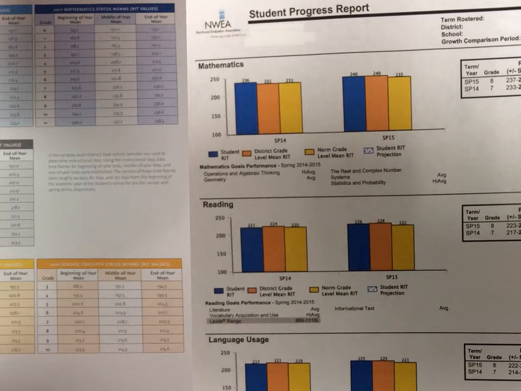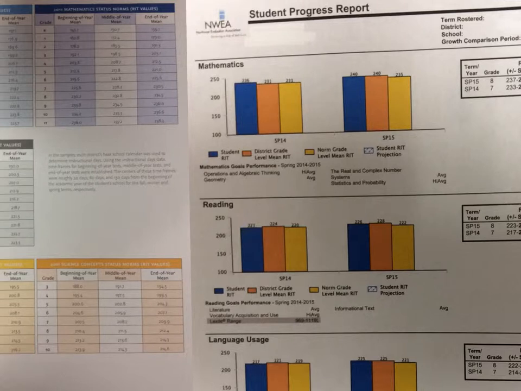Remember, blue is this student's average or norm, the student's RIT score. Orange is the district or our school RIT score, mean or the average score, and then the yellow is the national average, the norm grade level RIT score.